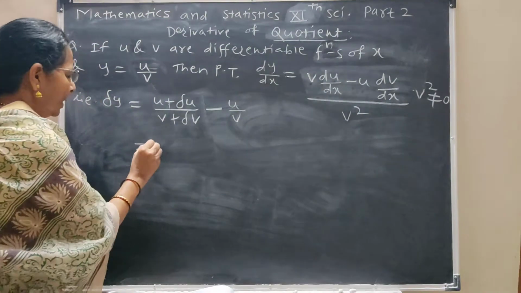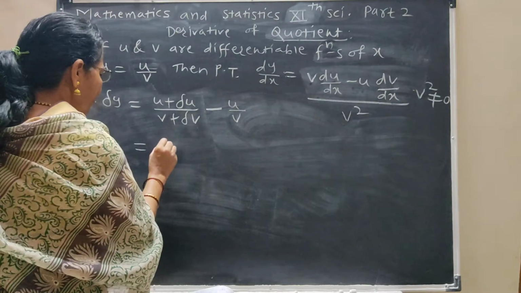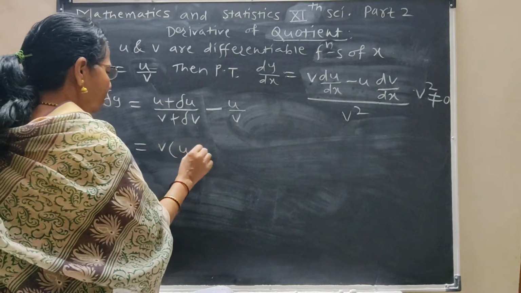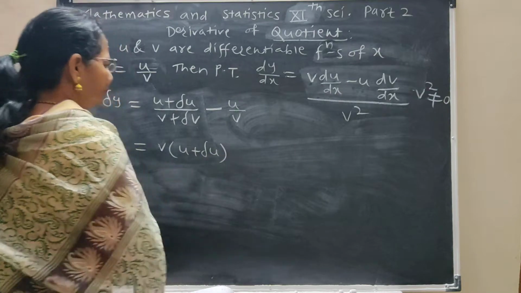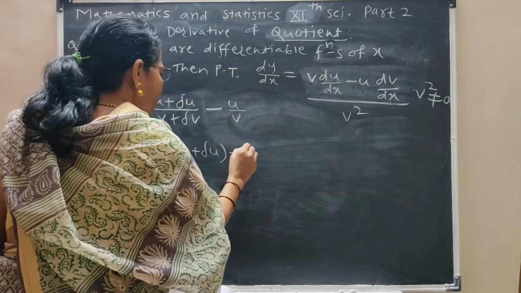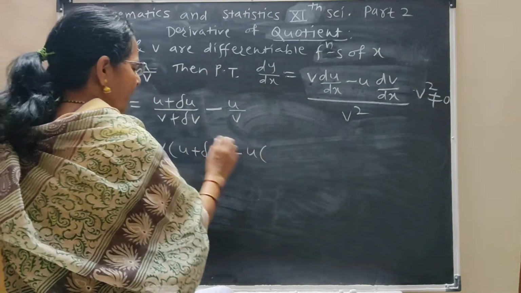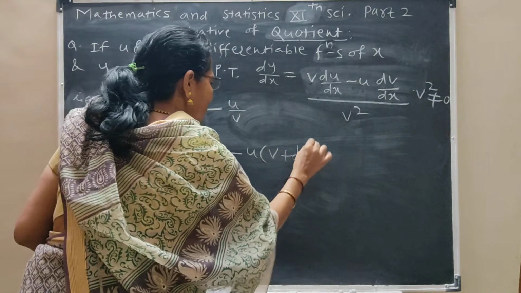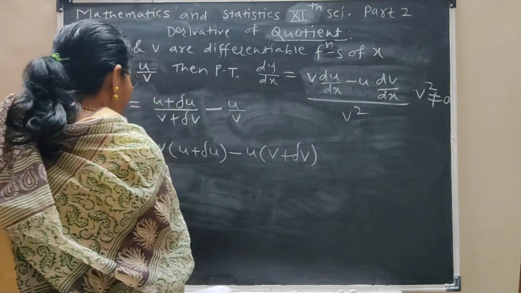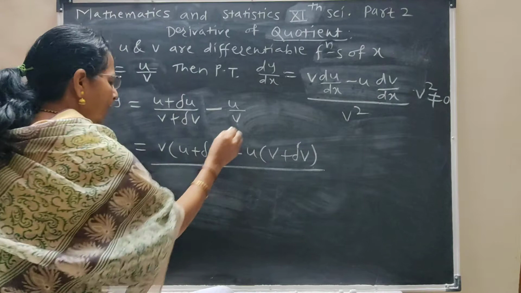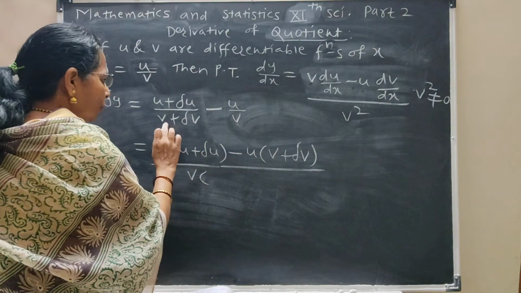Is equal to, take cross product, v into u plus delta u minus u into v plus delta v, upon v into v plus delta v.